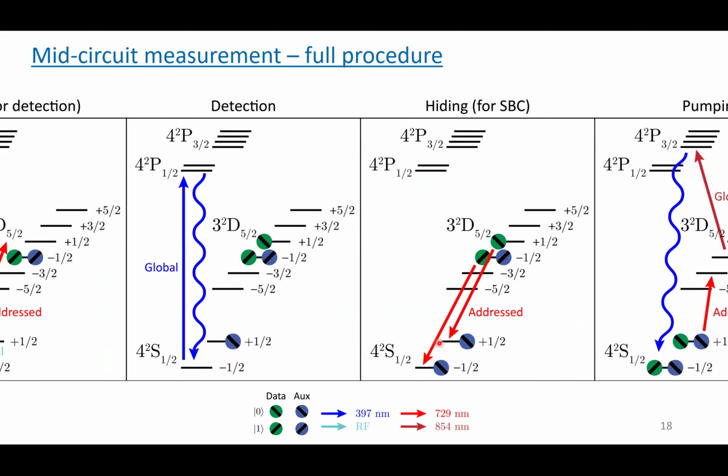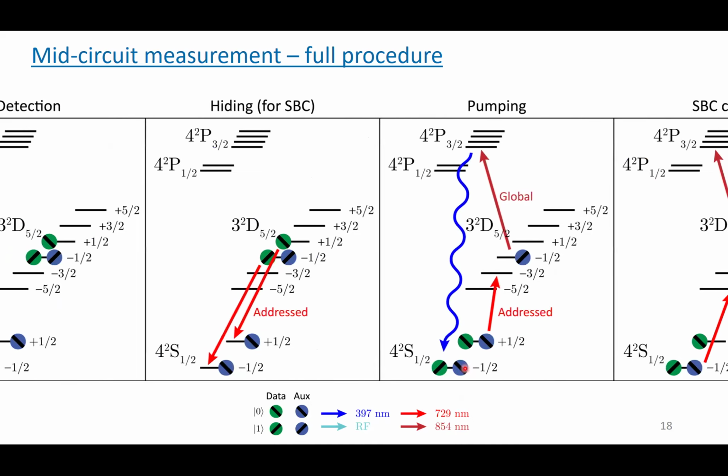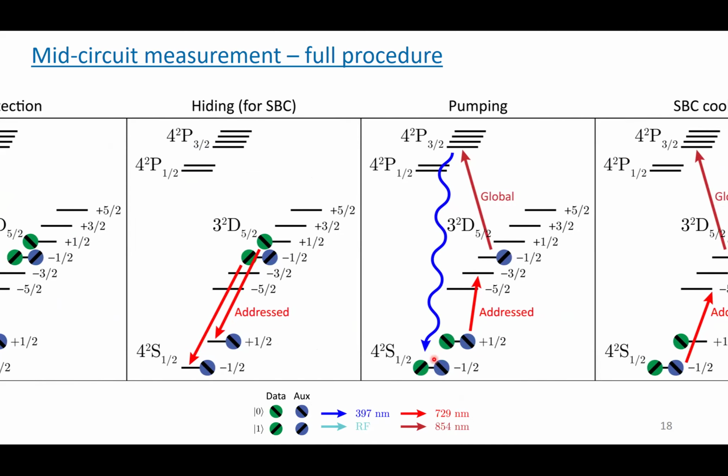And now we want to reinitialize auxiliary qubits and cool the chain. For that reason, we will need to hide data qubits to the ground state, such that we can do pumping, sideband cooling, and qubit reset. So we will do it again with the address beam one by one. They will end up here. So now we can do pumping, we do it with 729 and 854, sorry, by rotating qubits.